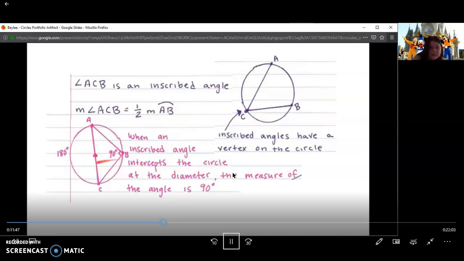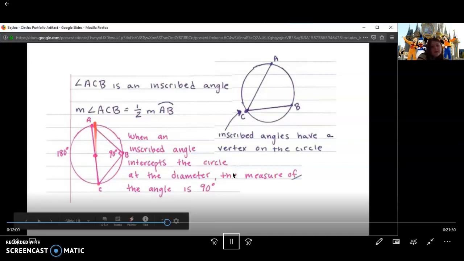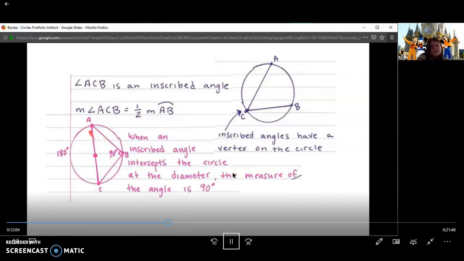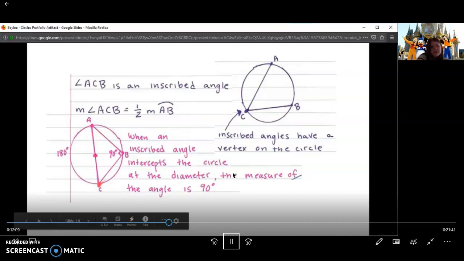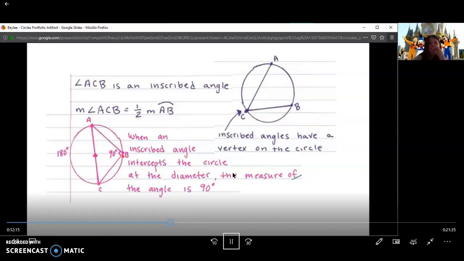And when this inscribed angle intercepts the circle at the diameter, the measure of the angle is 90 degrees, because you can use this line right here and chop it right down the middle, or this way. And when these 2 points meet together in the center, from A and C, they meet over here at B, then that equals 90 degrees, because that's a perfect intersection.